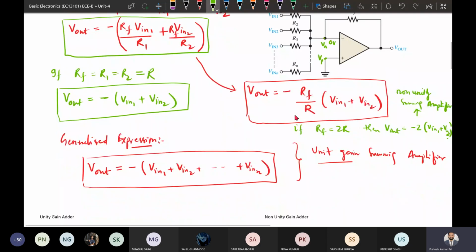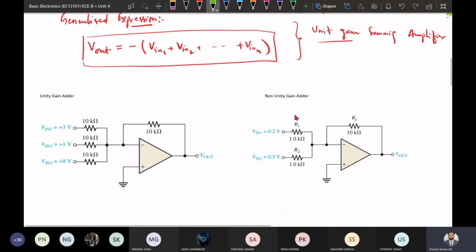Next is an example of a unity gain amplifier. Suppose this is the example. You need to find out the output. In this case, what will be the output? Just find it out.